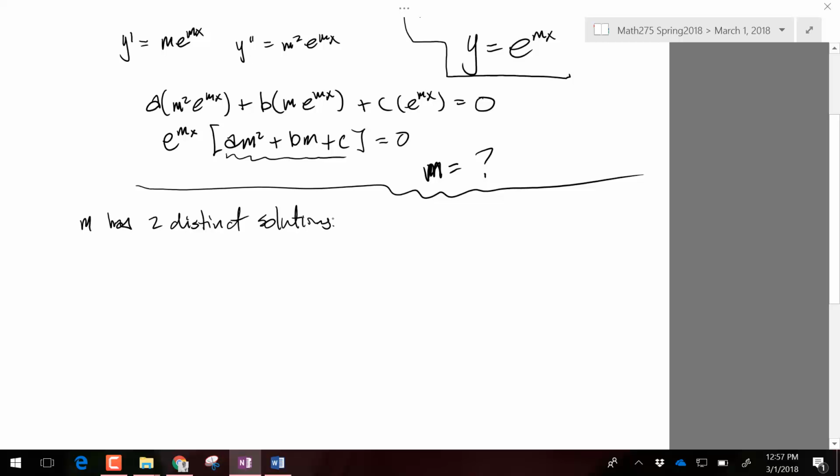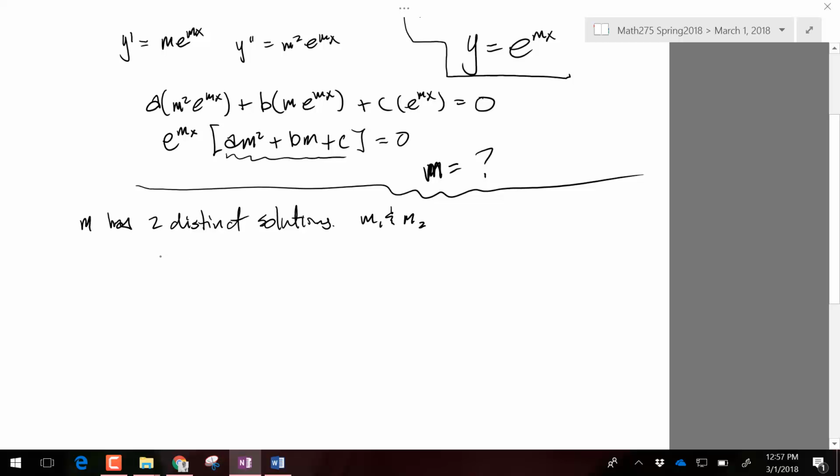If m has 2 distinct solutions, then we have m1 and m2 that are not the same.